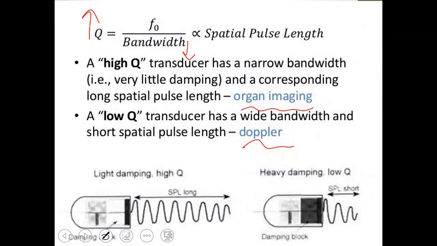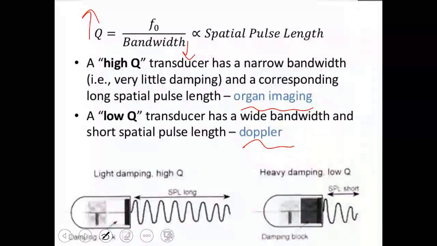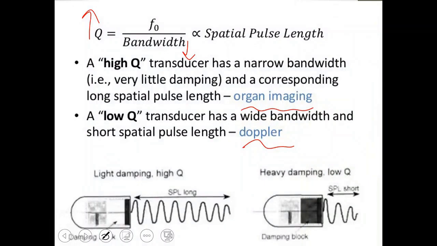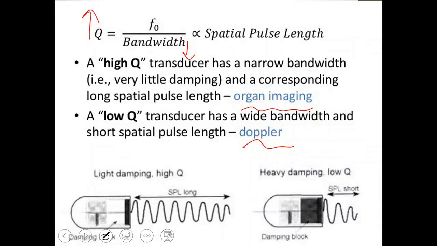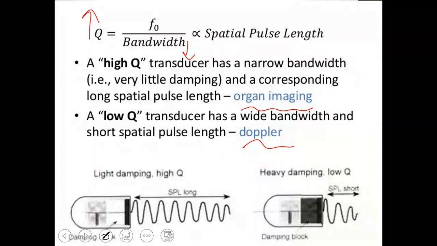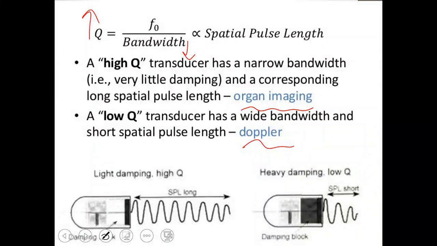So, the high Q means that your ringing time is large, which means that your frequency is low, not high. When the frequency is low, this helps the pulse that comes out not to get attenuated within the tissues, allowing it to reach a greater depth, which aids in imaging of different organs.